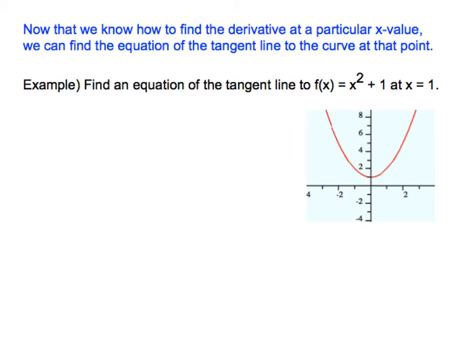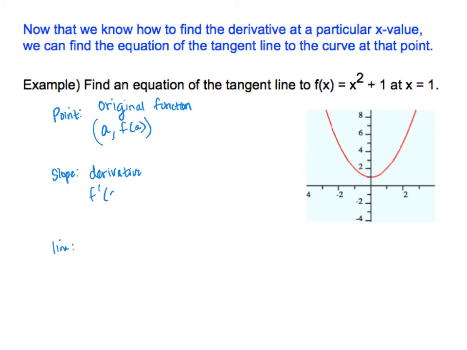Okay, so if we want an equation of a tangent line, you're always going to structure your work as point, slope, line. Okay, the point is always coming from the original function. It is on the curve. So the notation for that would be a comma f of a. The slope is always the derivative. So that is f prime of a.